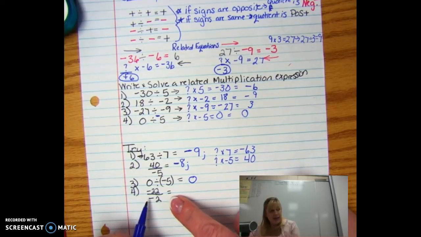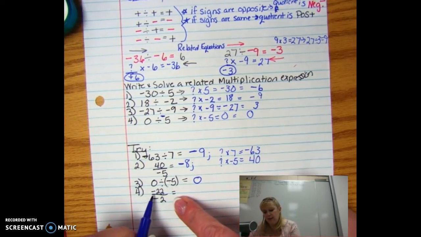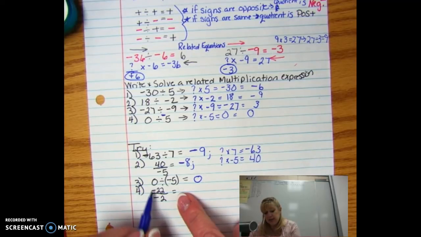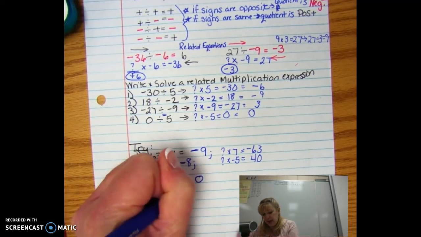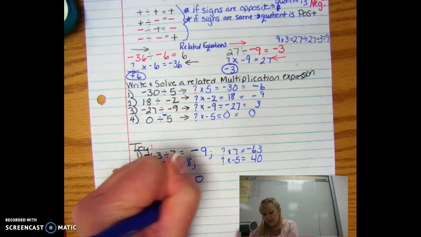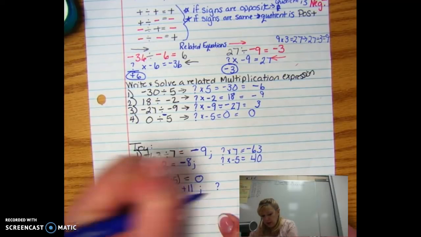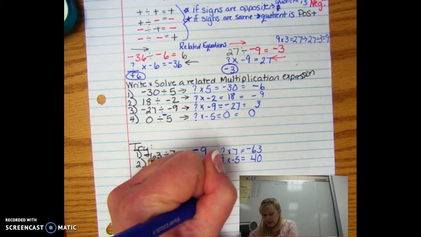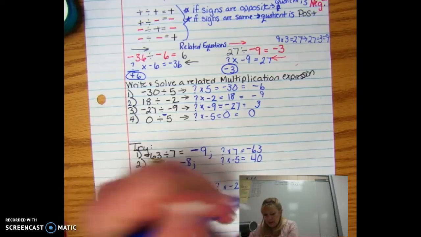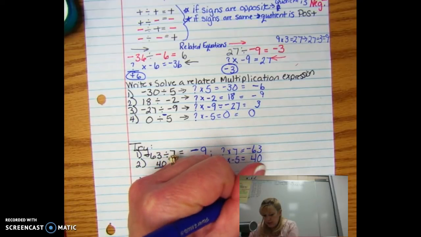Here I've written this in a different way, and so we have negative 22 divided by a negative 2. I know the signs are the same, so my answer has to be positive, and it's going to be an 11. My related expression, if the book were to ask for that, is question mark times a negative 2 equals negative 22.